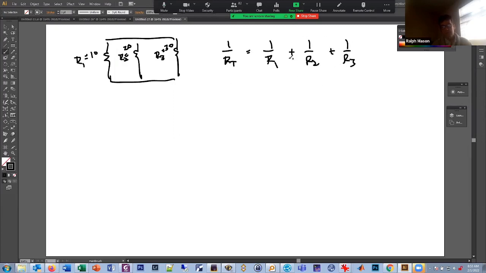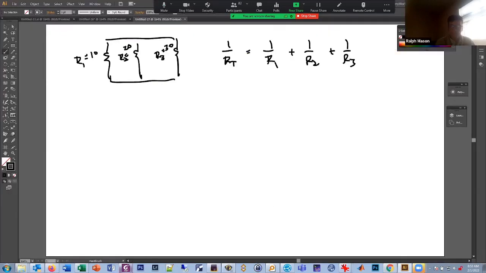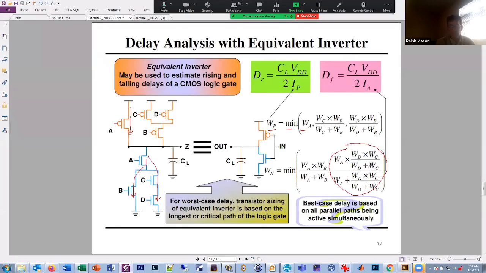You could write that big expression for that, and it would look very similar to what we just had here. You could expand that out to this big expression and solve for that. That's kind of painful, especially if you get more than three. Three is bad enough, but if I give you 4 or 5, it breaks your brain. I'll tell you that other rule later. So we don't do it that way.